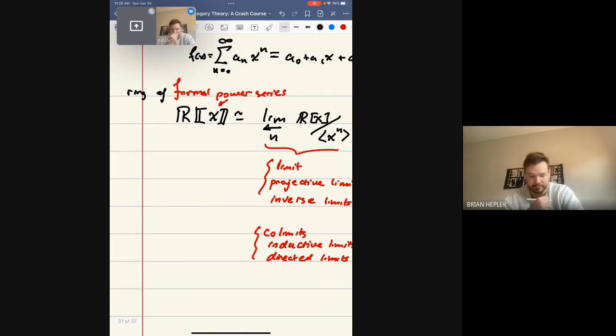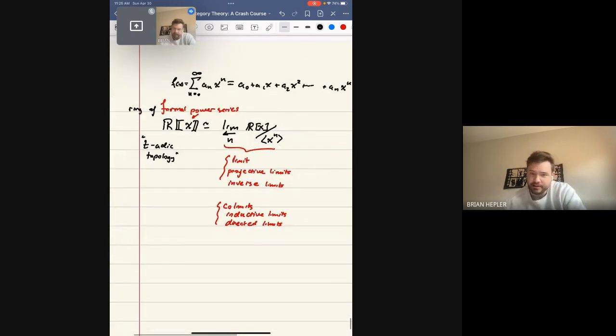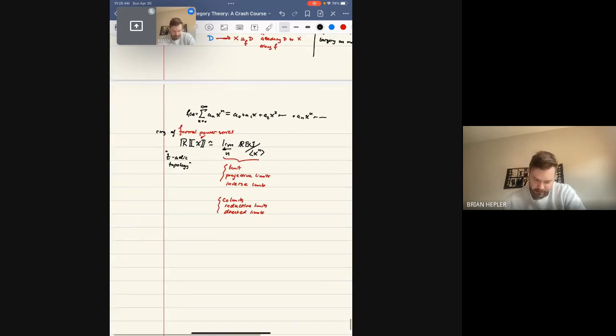Sometimes we'll write brackets for convergent power series, but we're not worrying about this right now. This thing also has the T-adic topology, which is closely related to the idea of p-adic numbers, if you've heard of those from number theory.